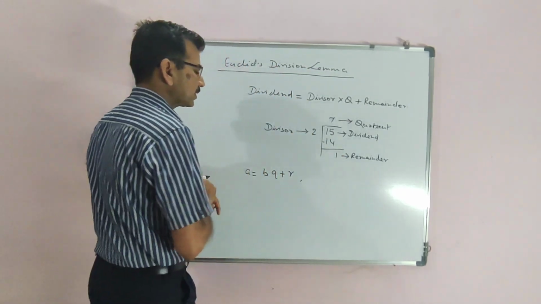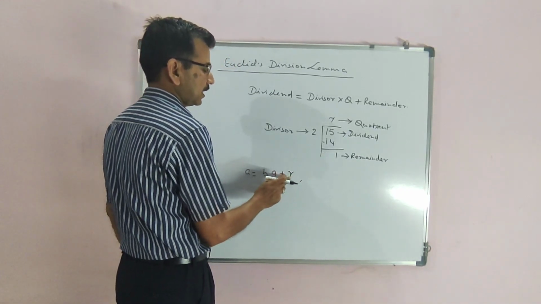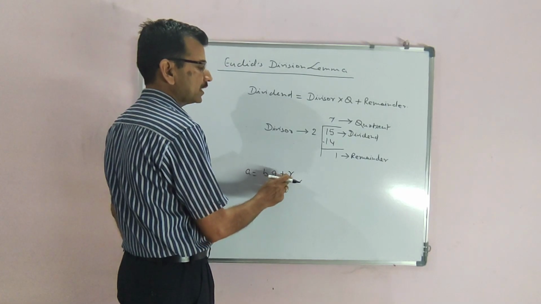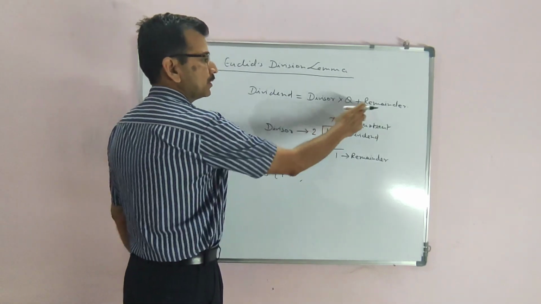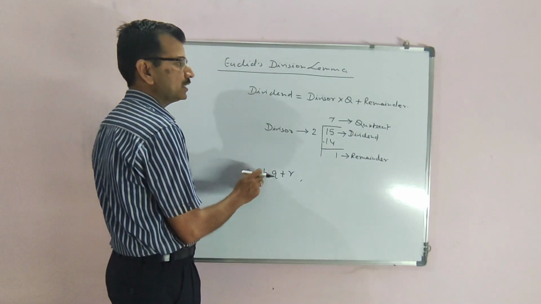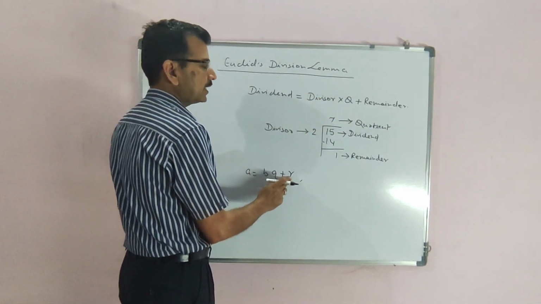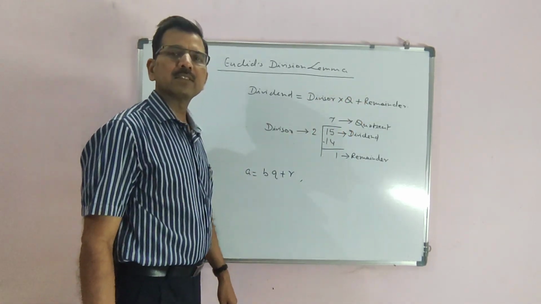Okay. So conditionally, here this R we are writing plus R here, and this R is nothing but the remainder only. This A is the dividend, B is the divisor, Q is standing for quotient, and R is for the remainder.